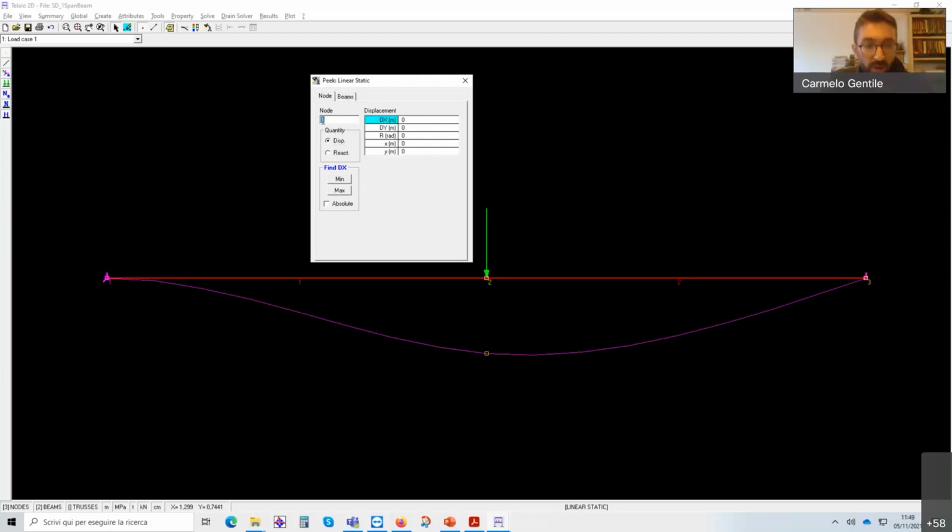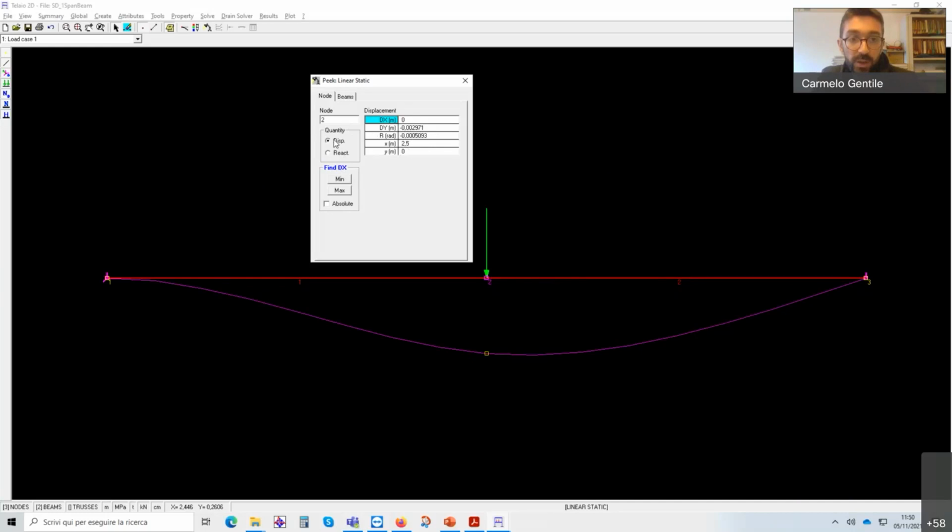If we go on node 2, we will find that we have a displacement in the x direction equal to 0, obviously. A displacement in the y direction equal to 0.0029. So we have 3 millimeters of displacement downwards. And we have also rotation, because the structure is not symmetric.